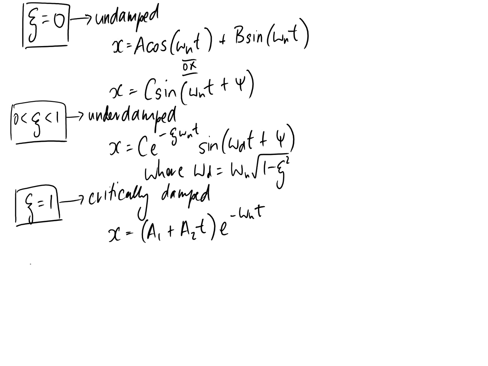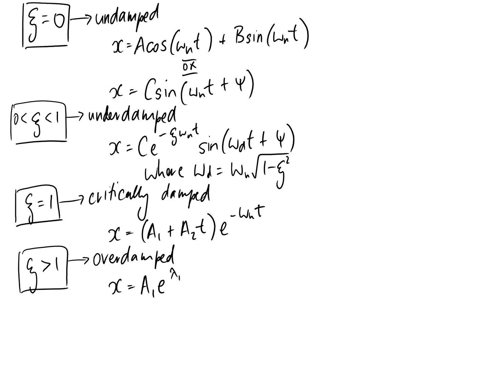Your last option is when your damping ratio is greater than 1, and this is known as overdamped. The equation that you have looks like that. Again, two unknowns you need to find, A1 and A2.